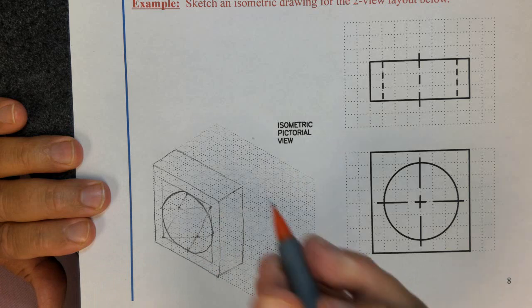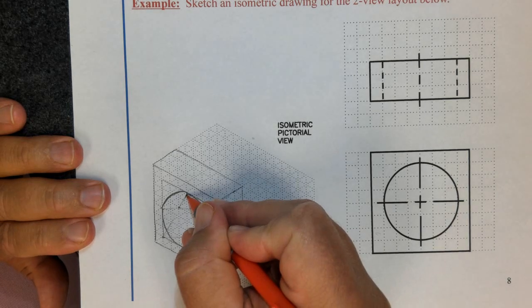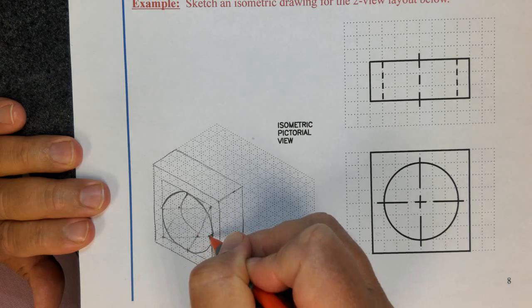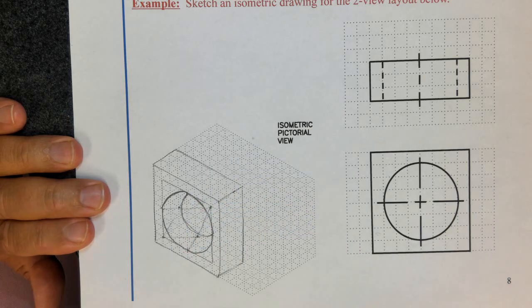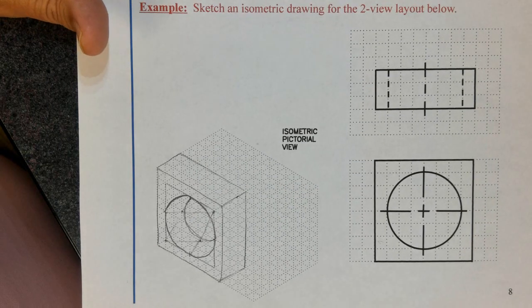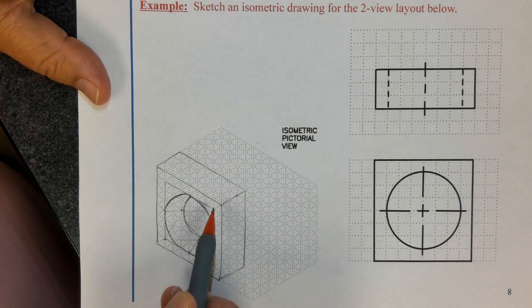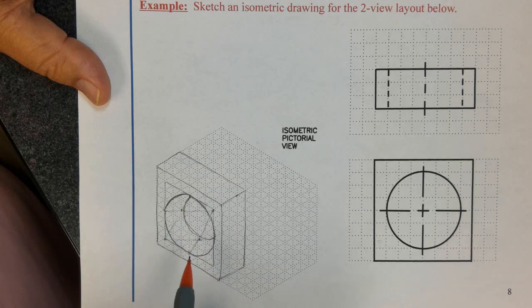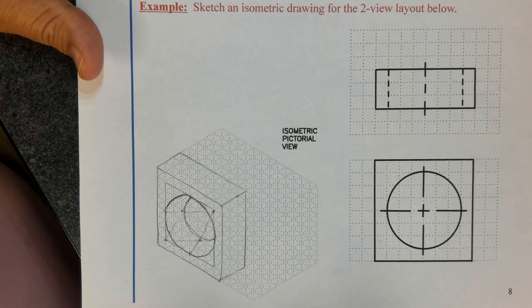So basically it's just going to look something like this. Okay. Now, I could have done a better job, but what I was trying to show you, I don't have a compass, but if I did, I would take this radius right here, I would move this back 3 and scribe an arc. Okay? Any questions?